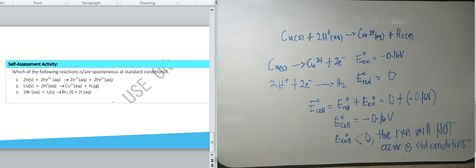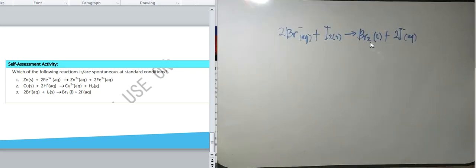Okay, let's try the last example, or the last exercise. So we have here our last example: 2 bromide aqueous plus iodine solid yields liquid bromine and aqueous iodide. Okay, so we can now split into two half reactions.